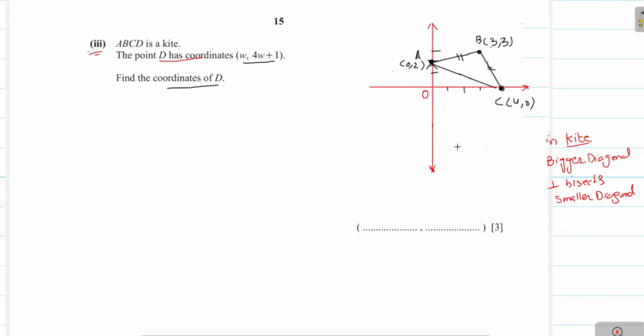We suppose that this is the point D, and we join A to D and C to D, and the diagonal BD.